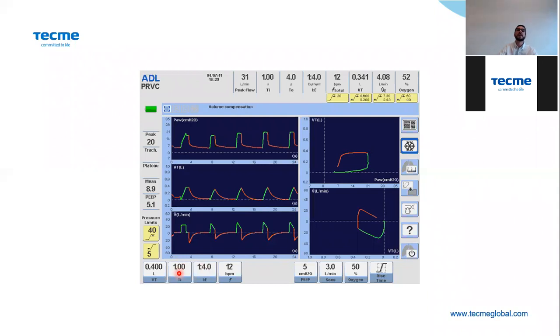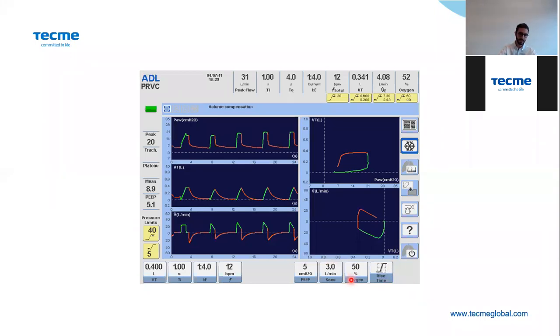Because it's an assist control mode, you are also setting the inspiratory time as well as the frequency, and also the inspiratory sensitivity. Then, of course, you have to set the PEEP level, the oxygen concentration, and the rise time.